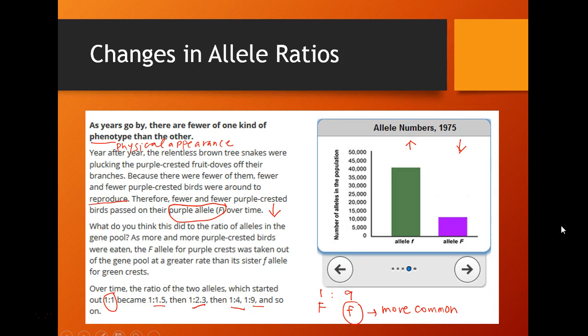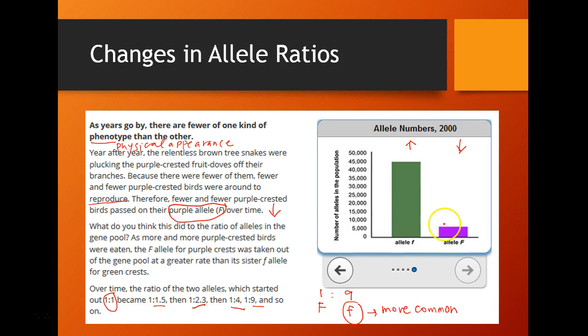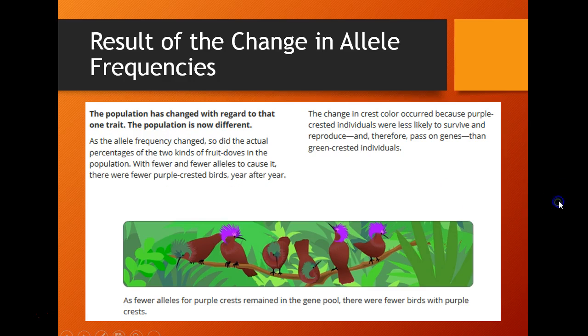So we see it gradually happening, right? Till at the end, we have very little big F and a lot of the little f. So we're going to see many more green birds. So what happens is the population has changed.